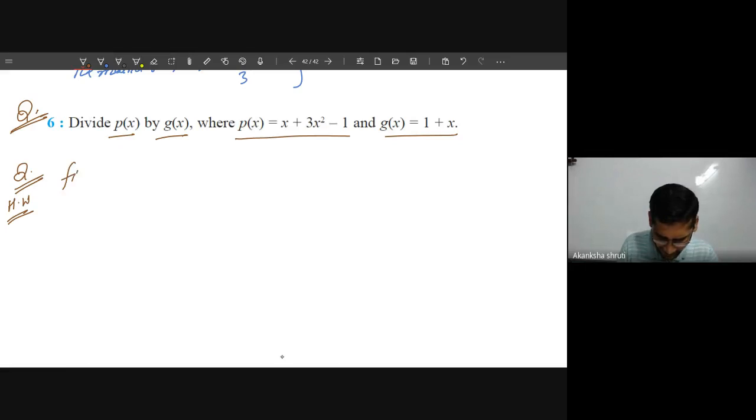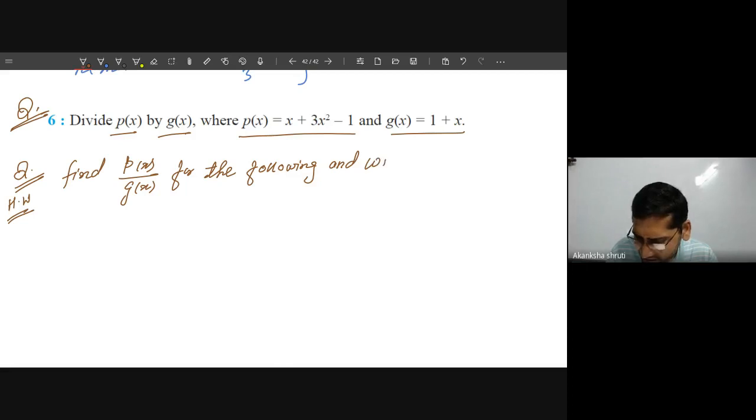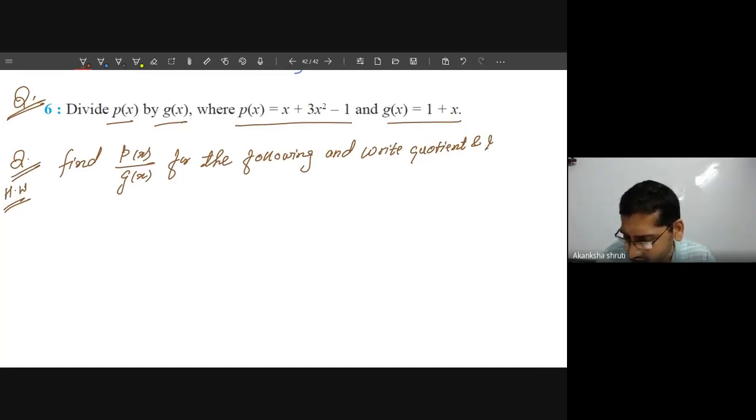So find px by gx. It is nothing but division simply, for the following. And write the quotient and remainder.